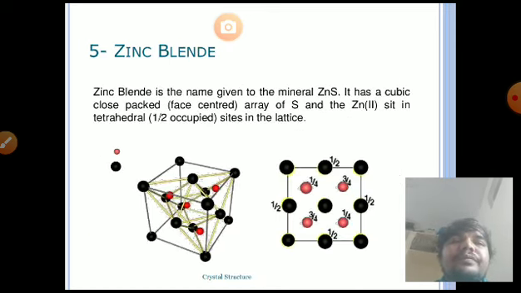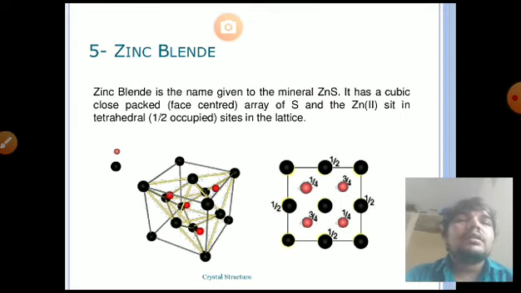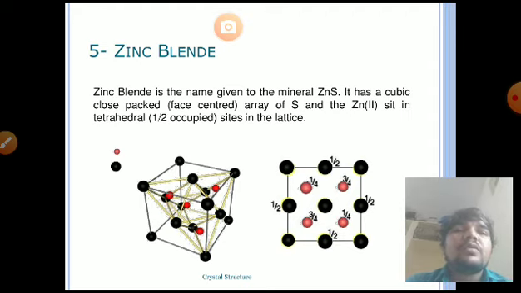Zinc blende is the name given to the mineral ZnS. It has a cubic close packed array. Sulfide in the zinc is in tetrahedral sites of the lattice.